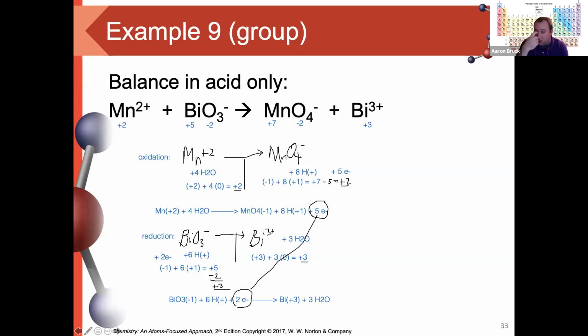And just like we did in the previous method, the way to do that is through a lowest common multiple. The lowest common multiple between 5 and 2 is 10. So I'm going to multiply both equations by a number to get them to 10 electrons either gained or lost.